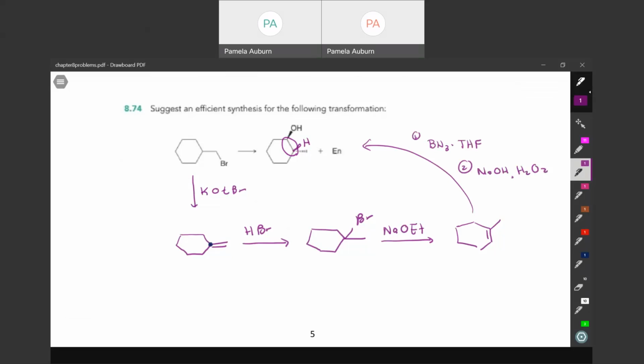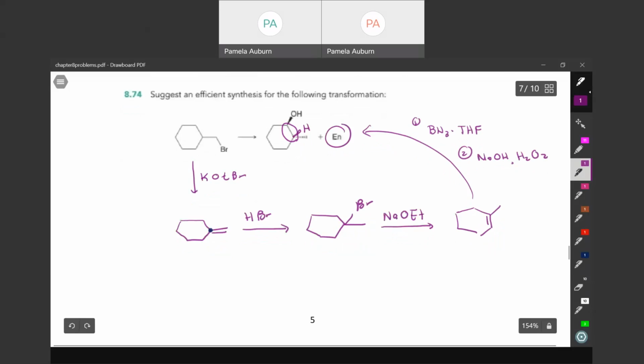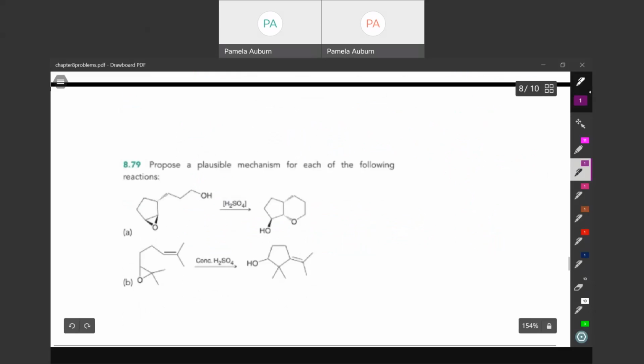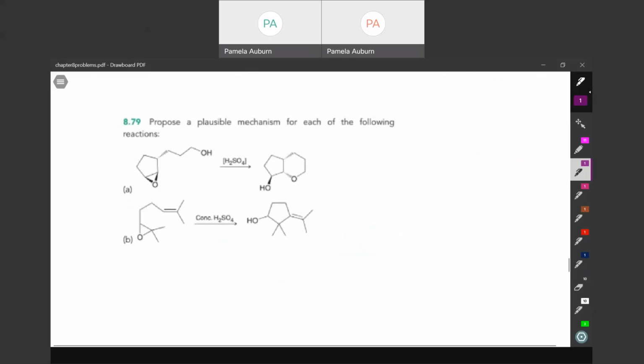So the apex pose that is going to be part of almost every chapter from here on out is going to be putting together short synthetic sequences. And of course, I do get the enantiomer. Then, well, I shouldn't say it's the only apex pose because there's a couple of other kinds of apex poses.